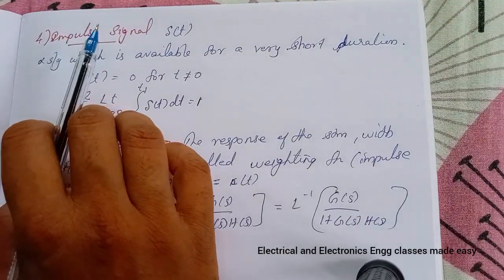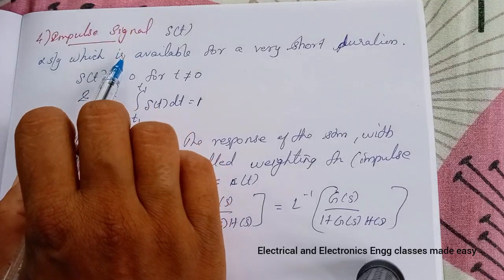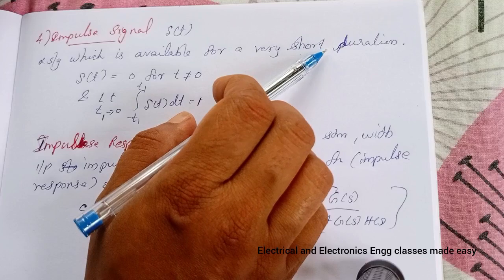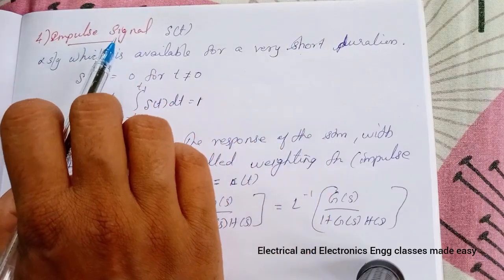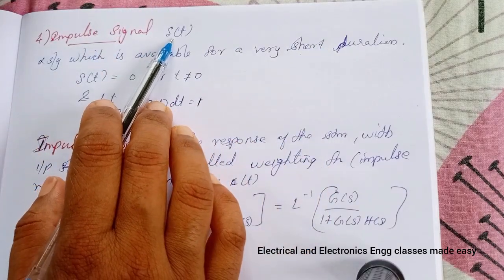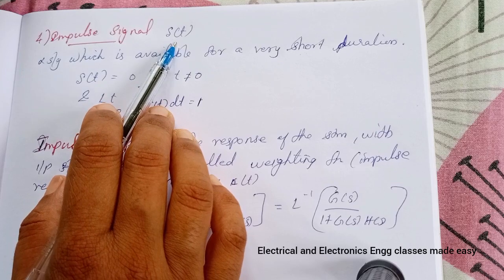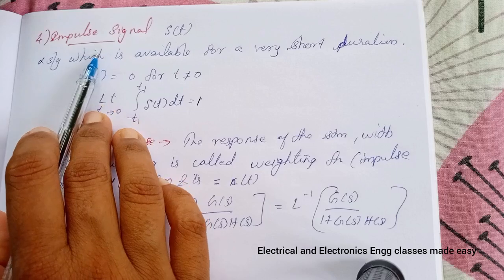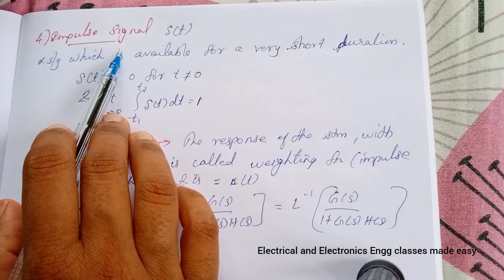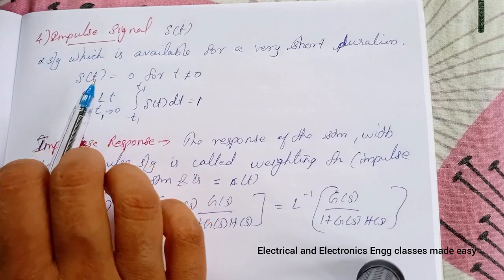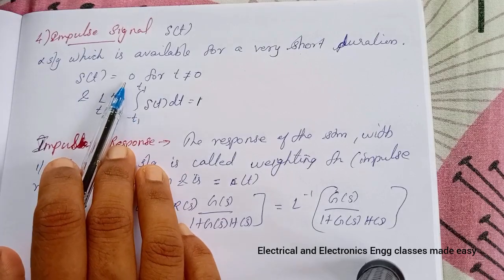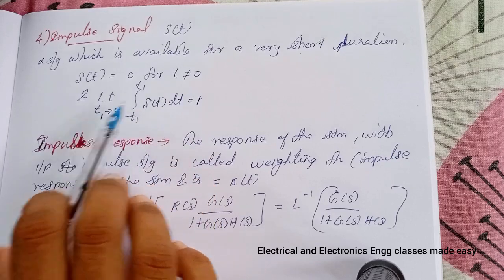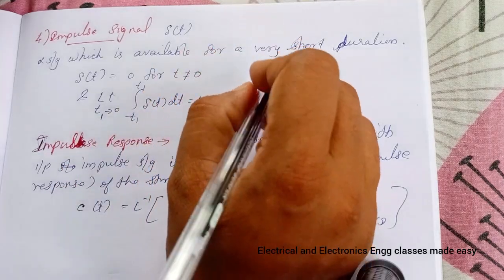Next is impulse signal. A signal which is available for a very short duration is called impulse signal, and it is denoted by delta of t. And ideal impulse signal is a unit impulse signal which is defined as a signal having 0 values at all times except at t equal to 0.